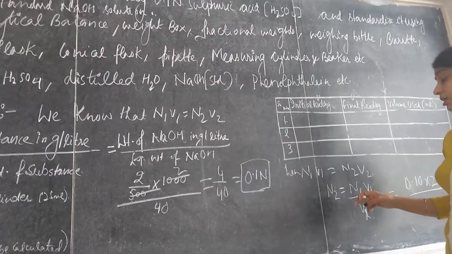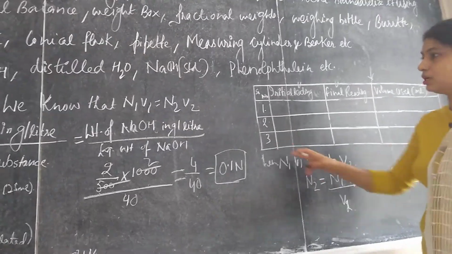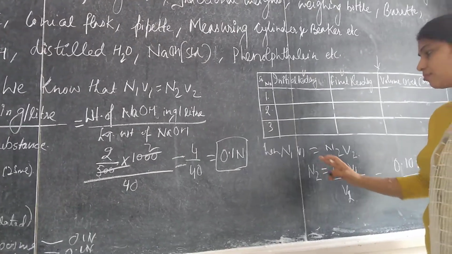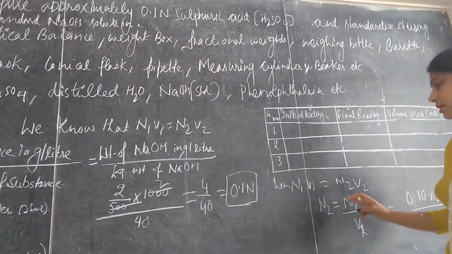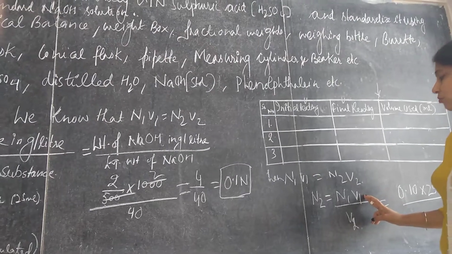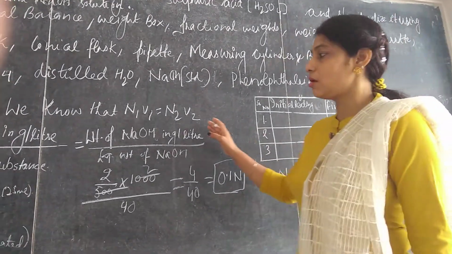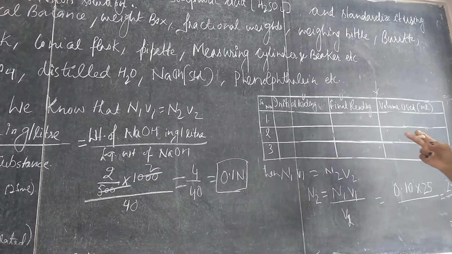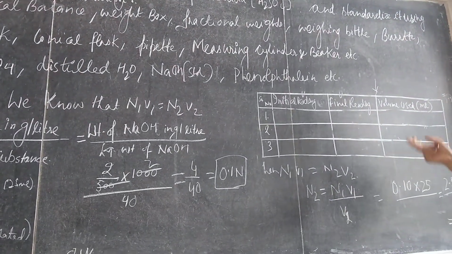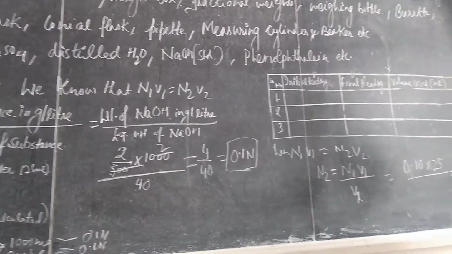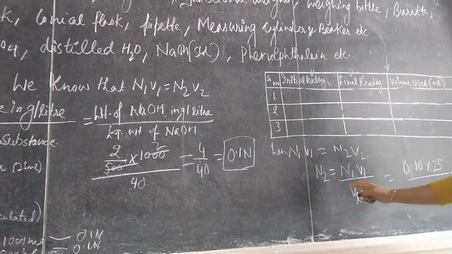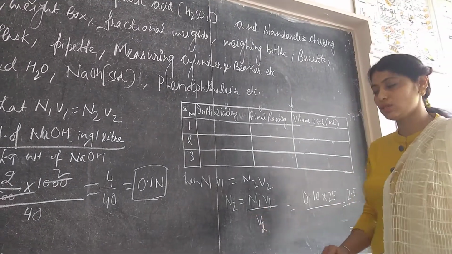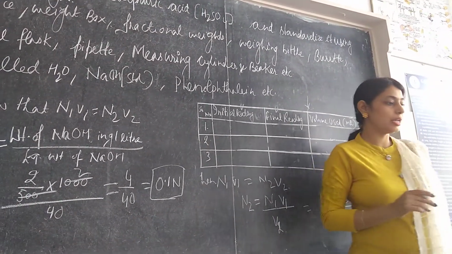N2 is the normality of your sulfuric acid, N1 is the normality of our NaOH that we already calculated, 0.1 normal, into V2, the volume of NaOH we use against sulfuric acid in the conical flask using our phenolphthalein indicator. Then V2 will be the burette reading, that is our NaOH volume. Let's start with the calculation.